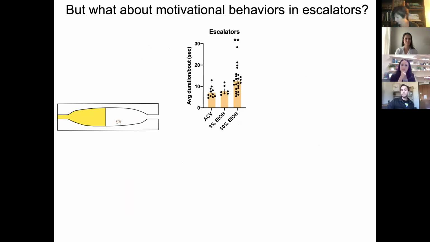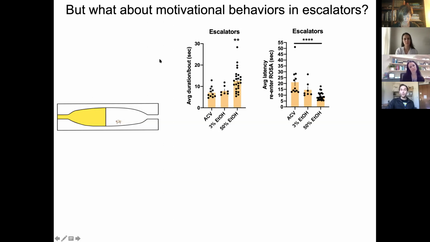For example, the average time per bout that they spend self-administering these odors, right? And what I noticed is that when I look at this motivational behavior, for 50% ethanol, they spend significantly more time per bout self-administering ethanol, which is really cool. But then I wanted to look at, well, what's the average latency?